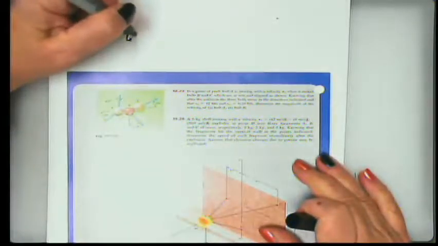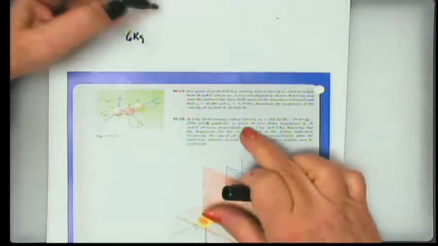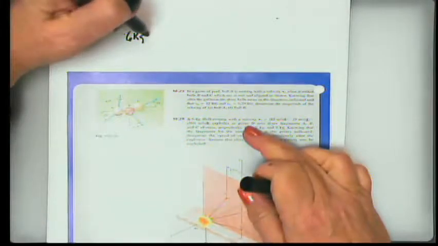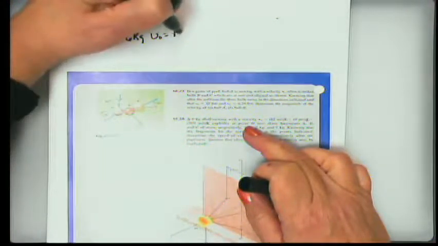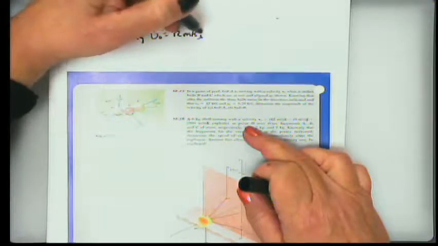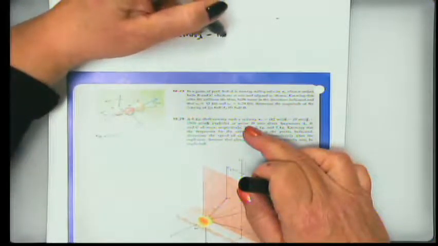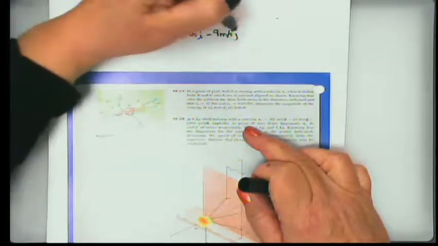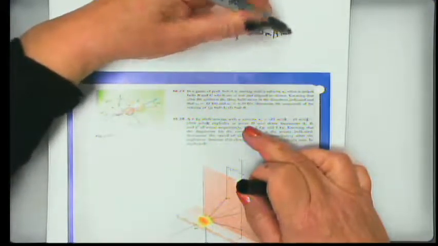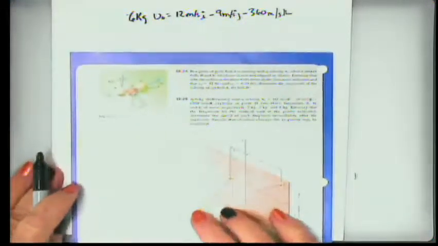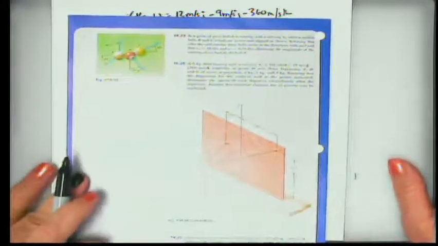It says we have a 6 kilogram shell, big shell. It is moving with a velocity of 12 meters per second i minus 9 meters per second j minus 360 meters per second k, and it explodes here at point D in front of a wall.